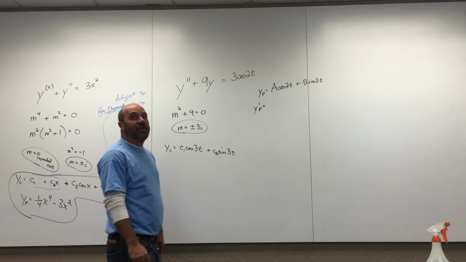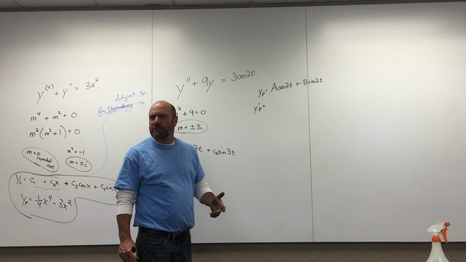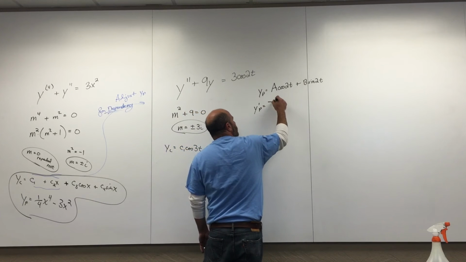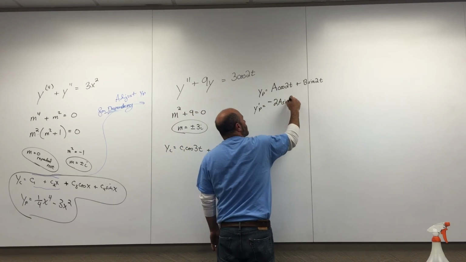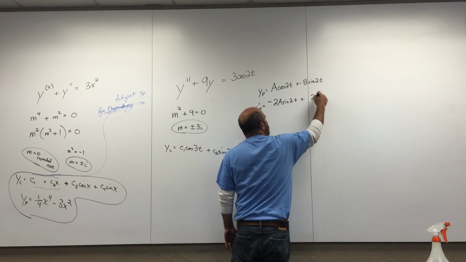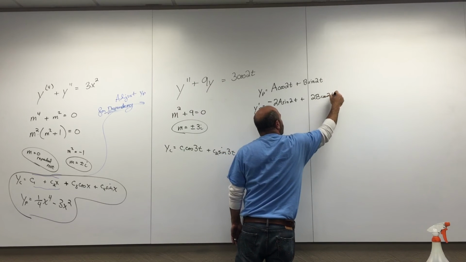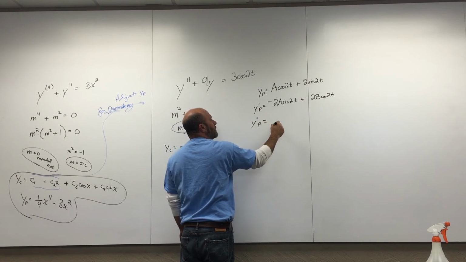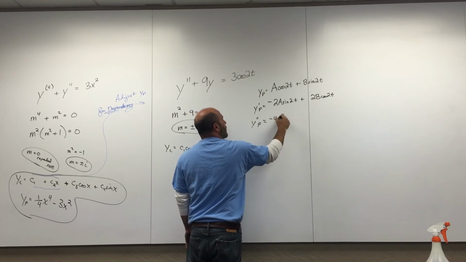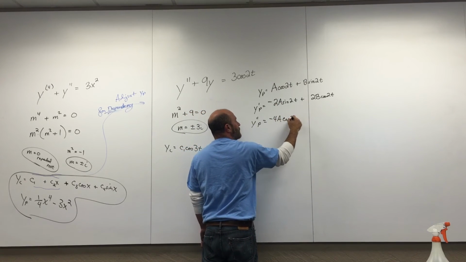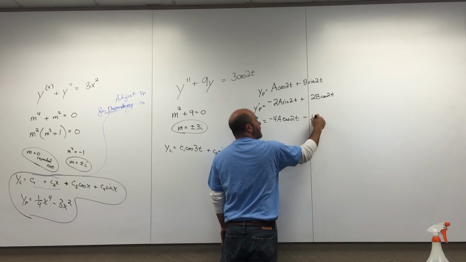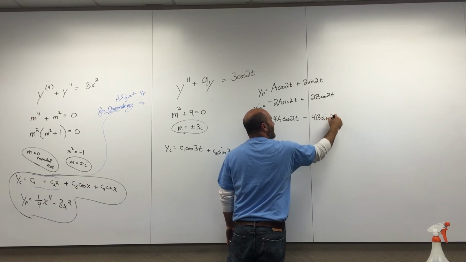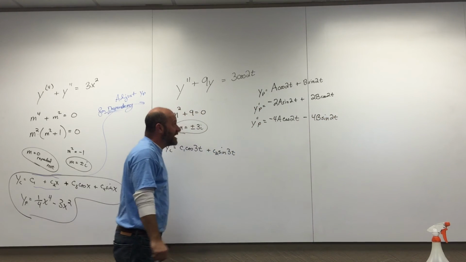The derivative of cos is negative sine 2t. Negative 2a sine 2t plus 2b cos 2t. All right, now another derivative, y double prime, please. Negative 4a cosine 2t minus 4b sine 2t. Right? You guys are right. That's what you have to do.